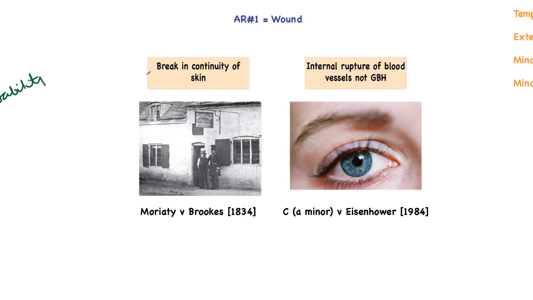Now, I'm not a doctor. I think there are 7 layers in the skin, but there are 2 main layers. And I think one is called the dermis and one is called the epidermis.